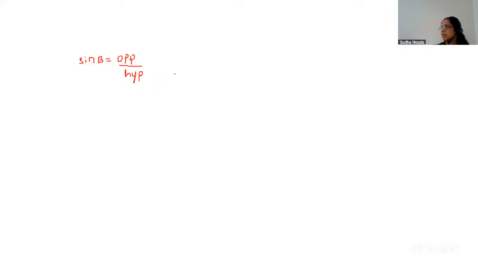Opposite, you got it as 1k, correct? 1k divided by hypotenuse is root 5k. This k cancels. So, it is 1 by root 5.